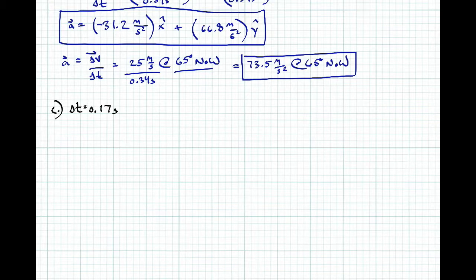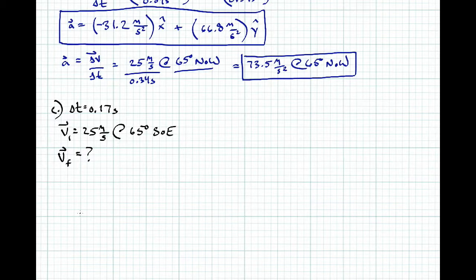Well, the initial velocity is 25 meters per second at 65 degrees south of east. We want to find the final velocity. We don't know that.